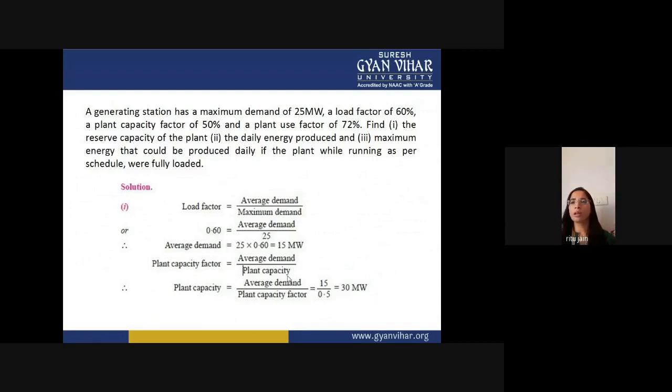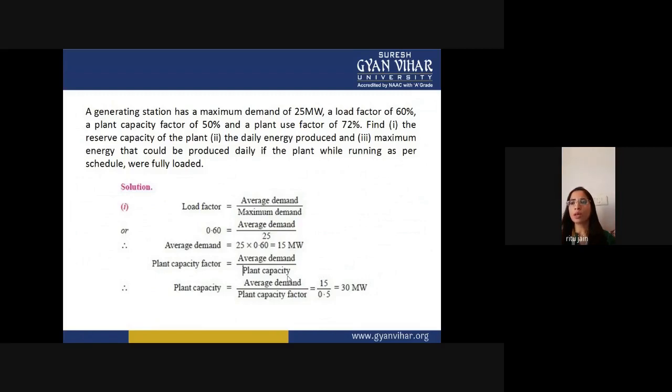For the calculation of the reserve capacity of the plant, you need plant capacity minus maximum demand. The maximum demand is given, but you have to calculate the plant capacity. The formula for plant capacity factor is average demand upon plant capacity, and the plant capacity factor is given as 50%.